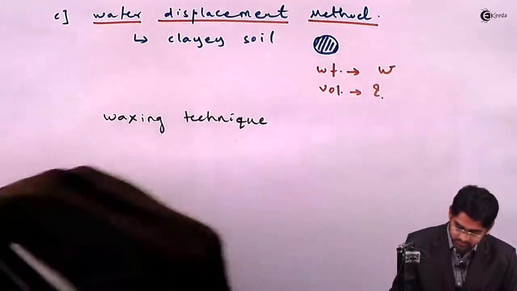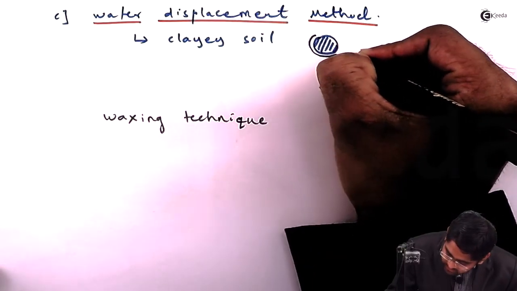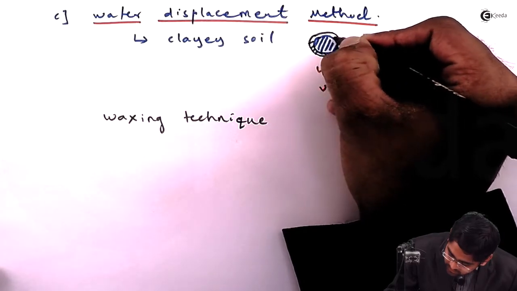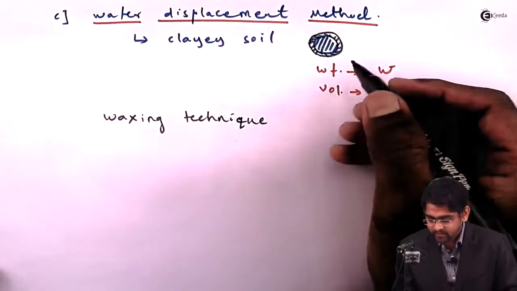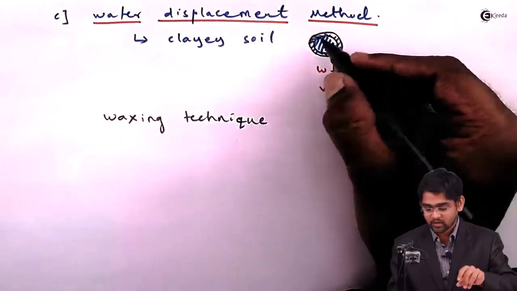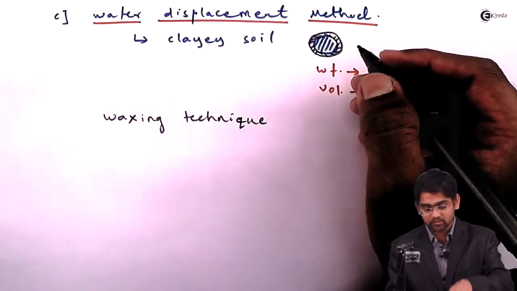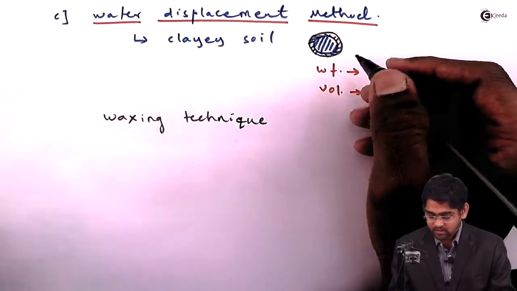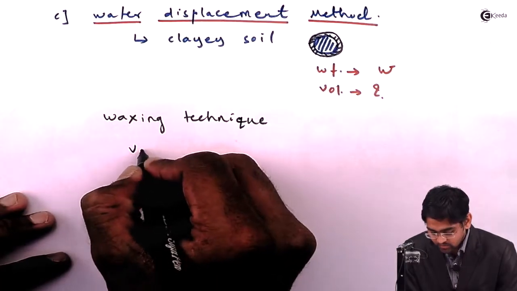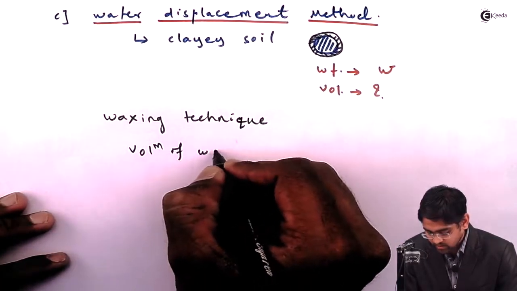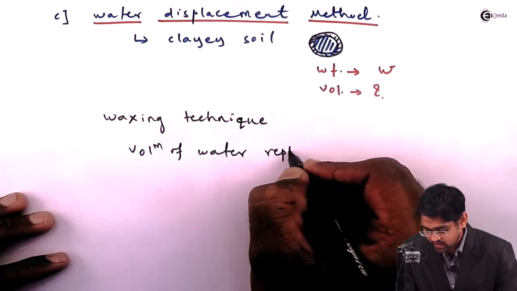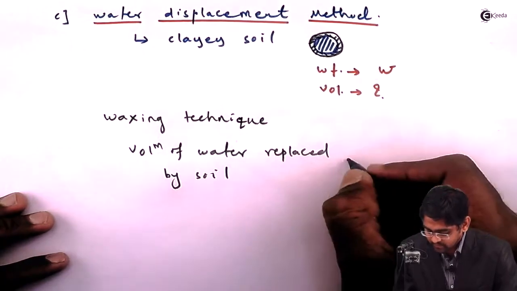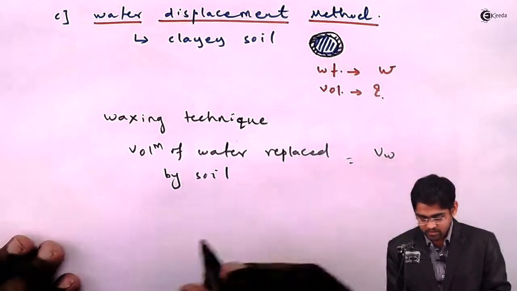So in order to prevent it, you will wax it. After waxing, you will dip the whole soil along with the wax inside the water, and the volume of water replaced by the soil you will count. That is VW, right?